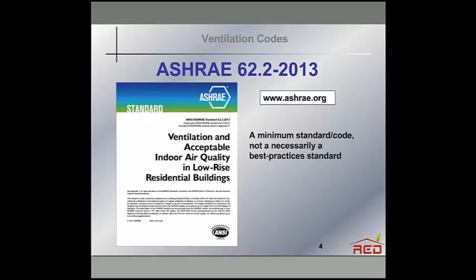They adopted the 2007 version, and I think next came California. And by this time, there are likely to be other states that have adopted this as a ventilation standard. The language of this standard is written so that it can easily be adopted as a code in a state.